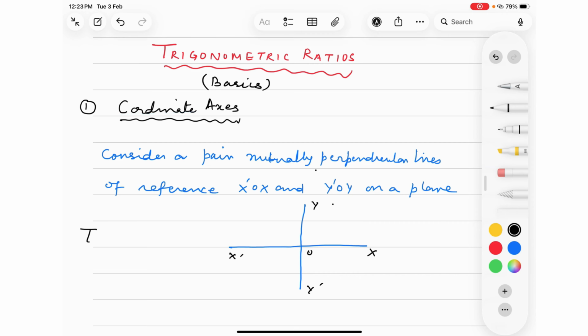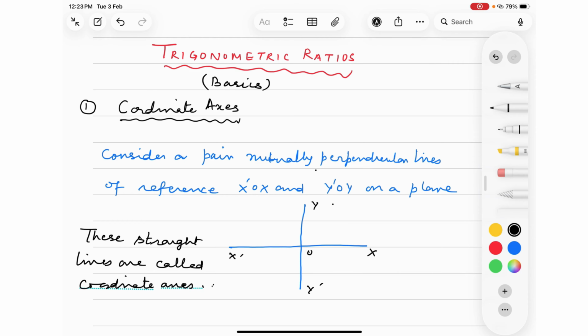These straight lines are called coordinate axis.